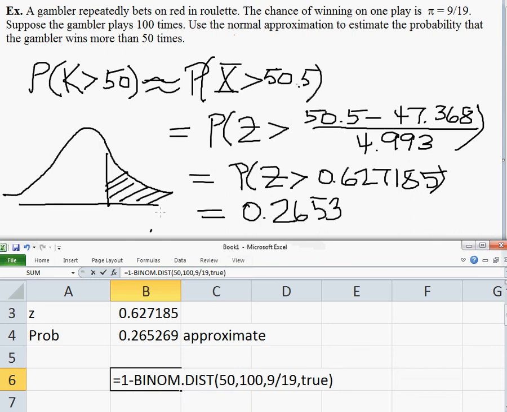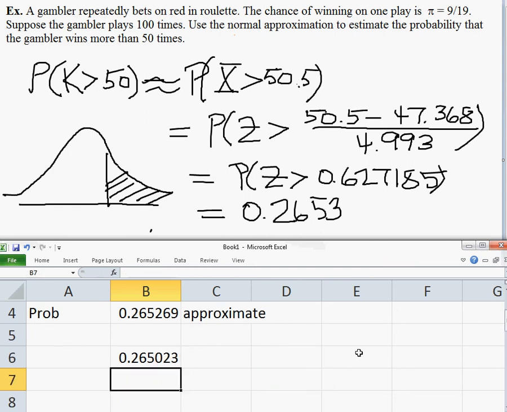If I want the chance of more than 50 successes, that's 1 minus the chance of 50 successes or less. So the probability of more than 50 successes will be 1 minus the probability of less than or equal to 50 successes. So this would be the exact answer, and notice that it is very, very close indeed to the approximate answer that was obtained by the normal distribution.